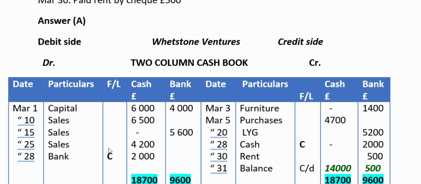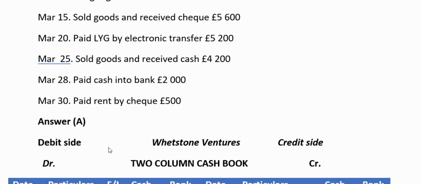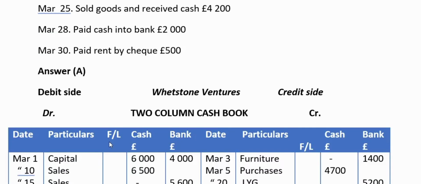Now this money is not actually going out of the business because it is the same business fund that is just paid into the bank, because sometimes there may be excess money in the office and we want to reduce the amount in the office by paying some into the bank. So 2,000 was set aside and paid into the bank. The money is not going out of the business, but it is going into the bank account of the business. This is how it is indicated in the cash book.